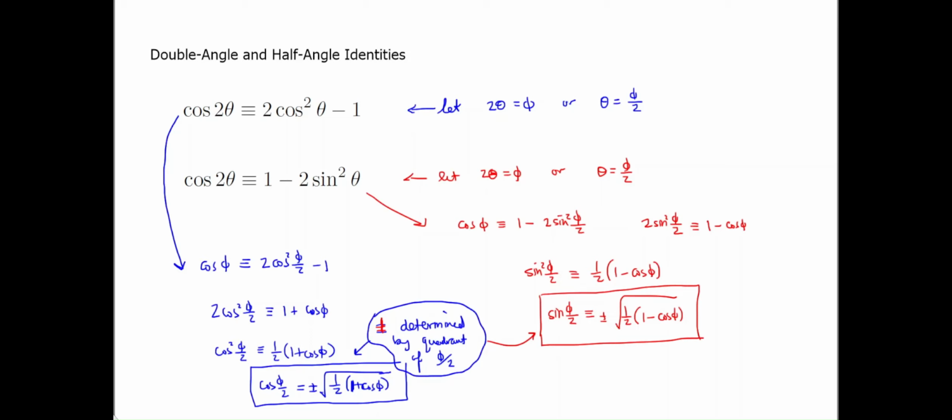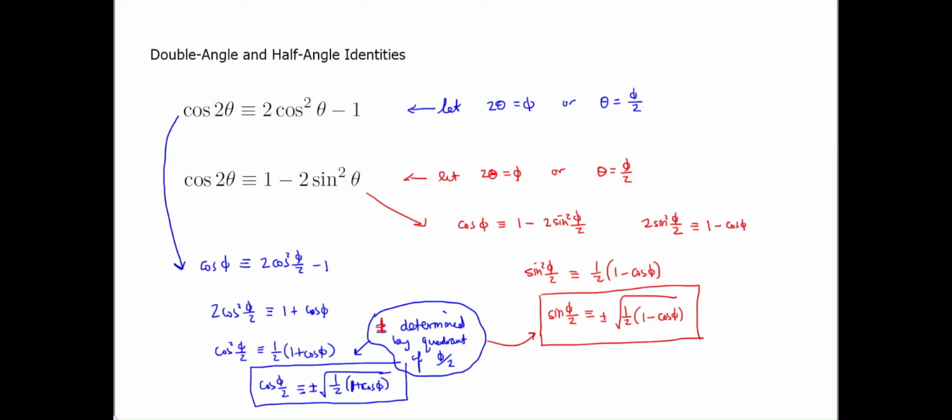For sine, if the angle phi over 2 is in the first or second quadrant, we choose the plus. If it's in the fourth or third quadrant, we choose the minus. Okay. Realized I forgot to put the triple line equal sign down here, because these really are identities, not merely equalities. Okay. All right, so now we have our half angle identities for sine and cosine.